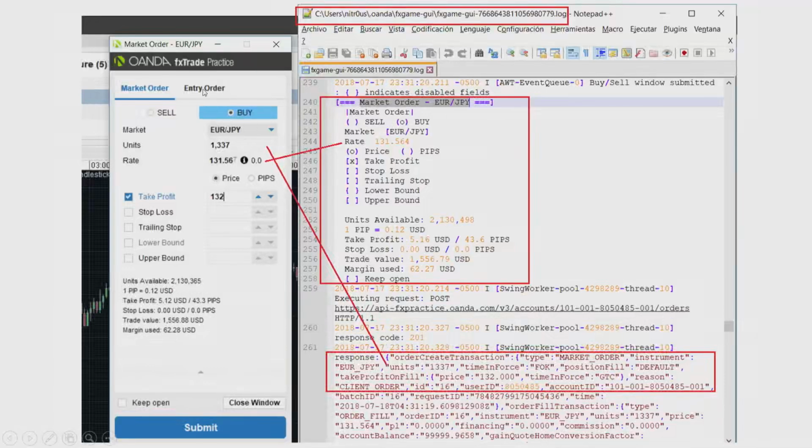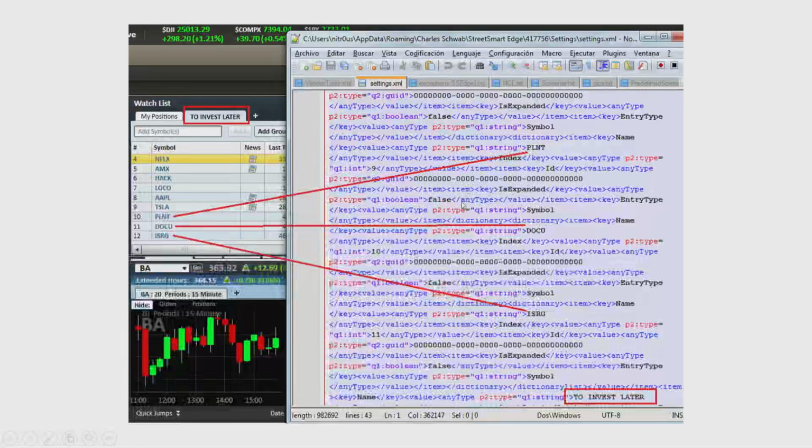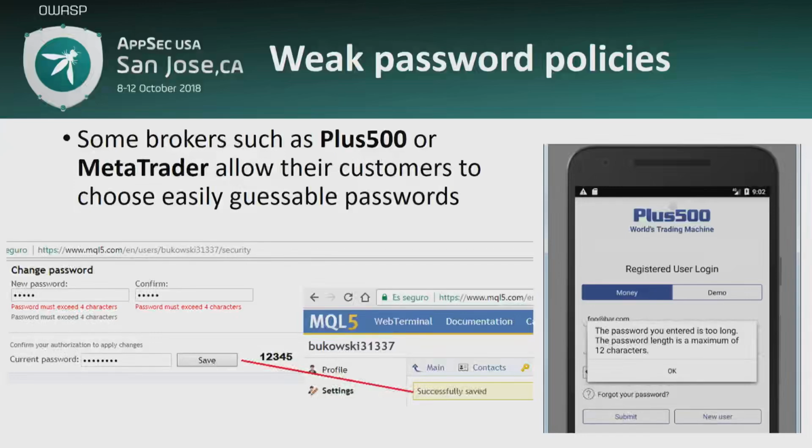This is a funny one because the developers were creative enough to create a nice ASCII art for the orders box. You can see a fancy ASCII art. Still, it's stored unencrypted, and they have how much money you invested, right? This is Charles Schwab, and many more.